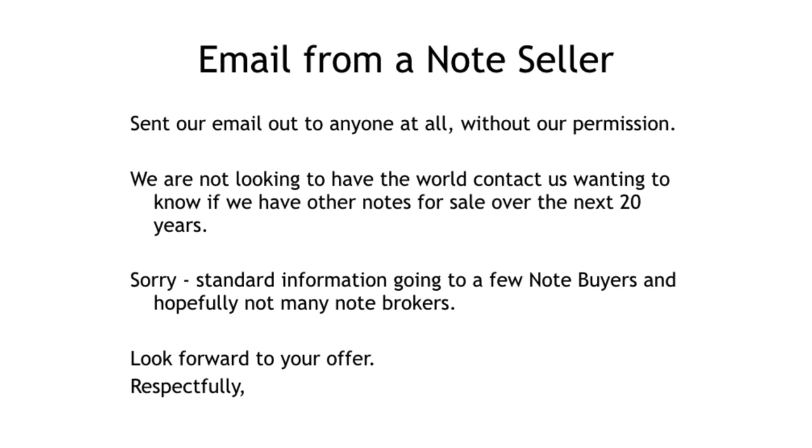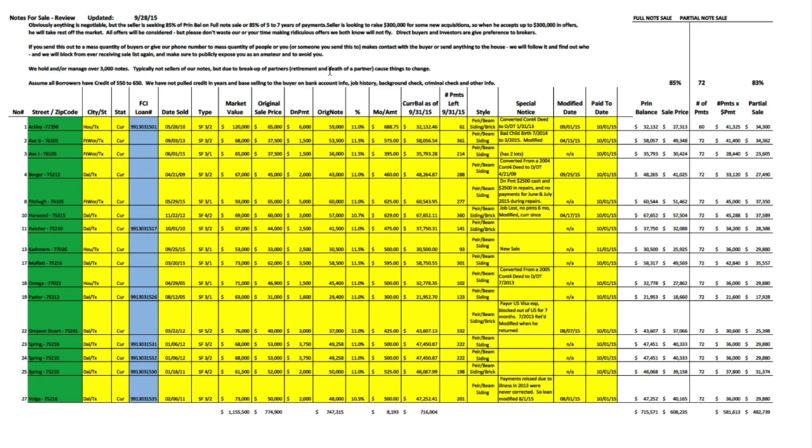So from there, he sent me this PDF, which was a PDF of an Excel spreadsheet. It didn't have any identifying information, and some of it was a little funky. I would have maybe set it up a teeny bit different myself, but basically it had 16 or 17 notes here that they would consider selling.